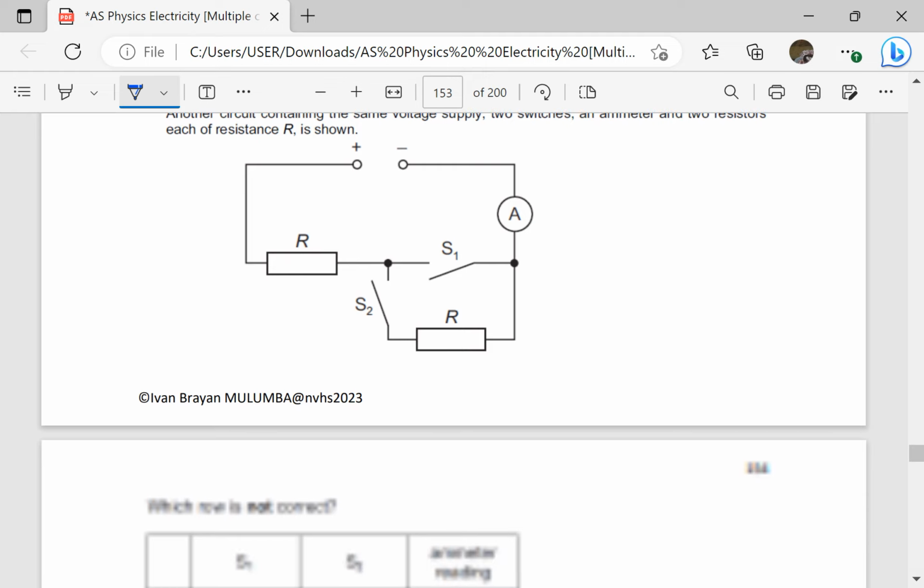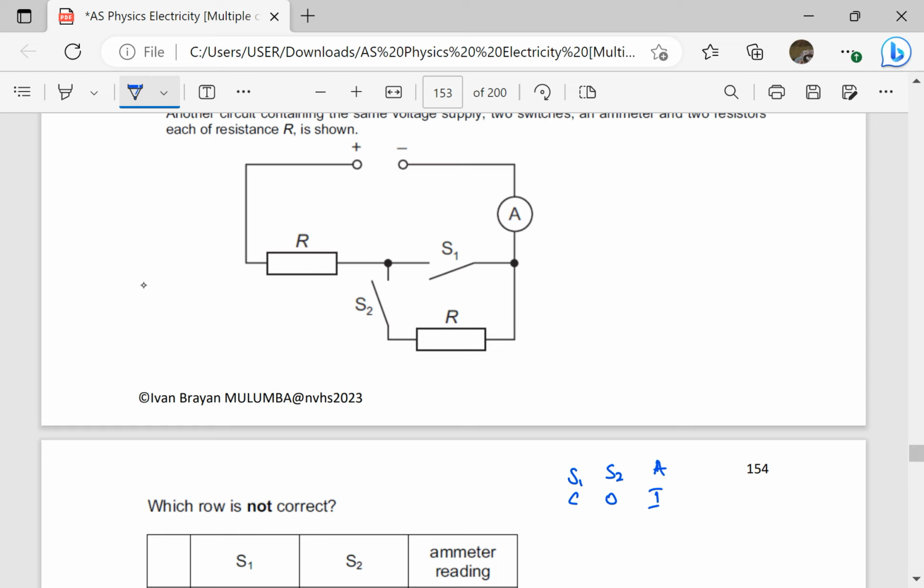For example, suppose I close S1. S1 closed, S2 open, I'll use C for closed and O for open. What is the ammeter reading? S1 is closed, S2 is open. Of course, the ammeter reading is going to be I automatically.